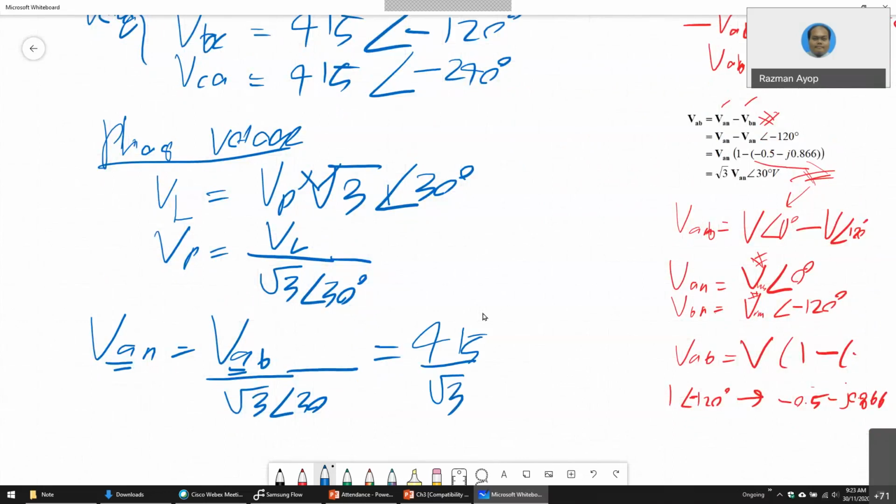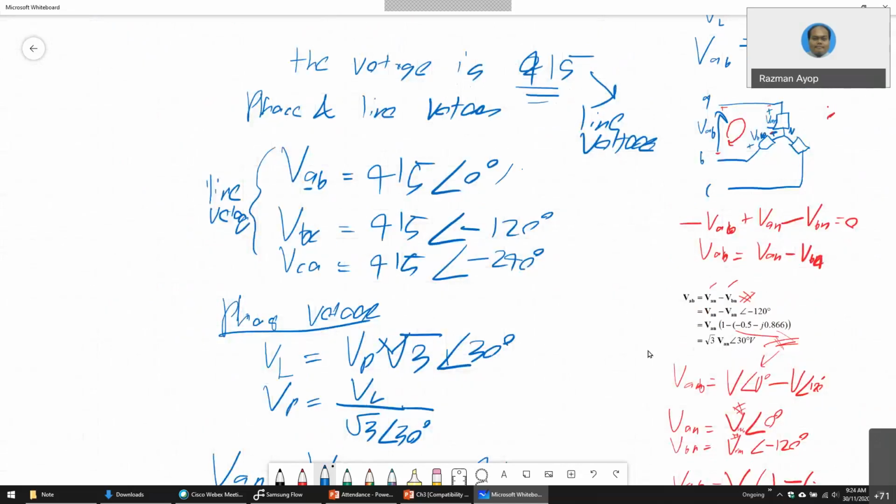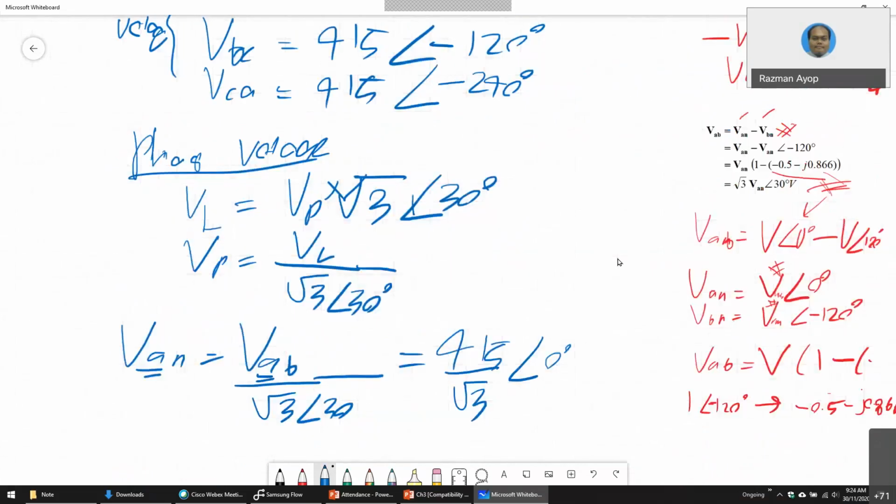Then the angle: VAB is 0 degrees, so minus 30. Remember, if you divide, you have to subtract the angle. If you have division, the angle needs to be subtracted. For magnitude, just divide as usual. So you get 240 point something, angle negative 30.